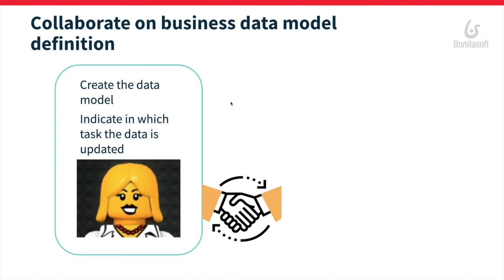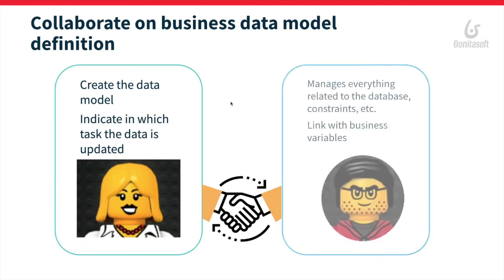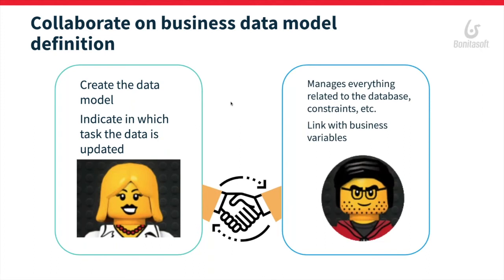But Dave is going to handle all the aspects related to the database, for example if the behavior of the database is lazy or eager, and he can define the constraints, custom queries, and so on.